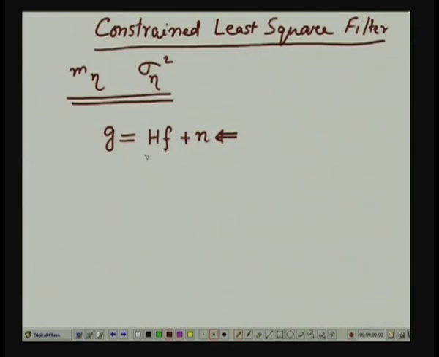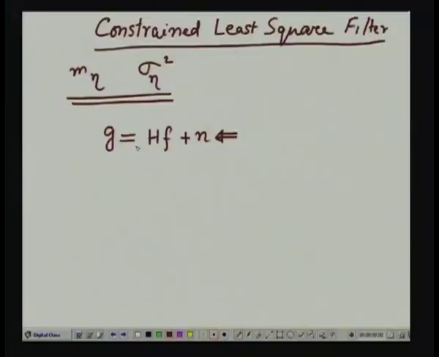Now, here you will notice that the value of H is very sensitive to noise. So, to take care of that, we define an optimality criterion, and using that criterion the reconstruction has to be done. Because the degradation matrix H is very sensitive to noise, the optimality criterion that we will use for reconstruction is image smoothness.